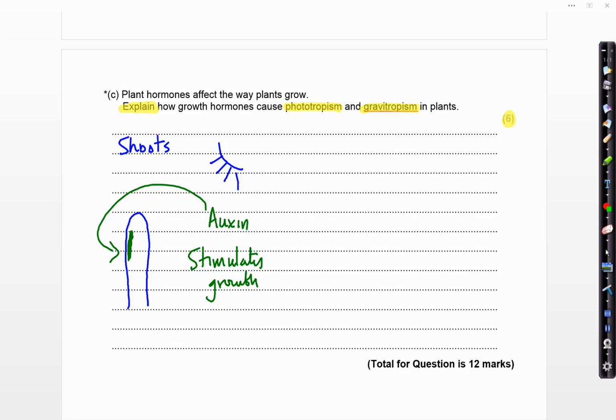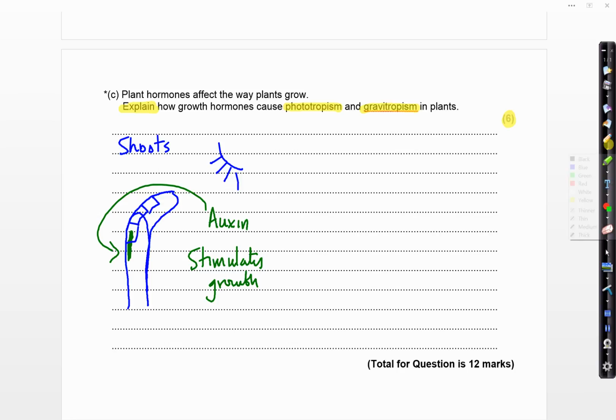And what that plant will do is it will bend towards the light. So we would need to say that it bends now towards the light, because we've got growth in this side of the plant. The cells get bigger.